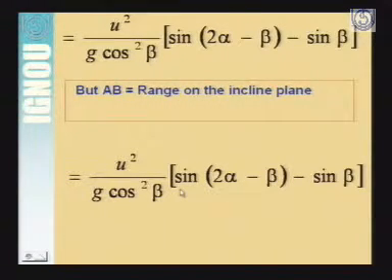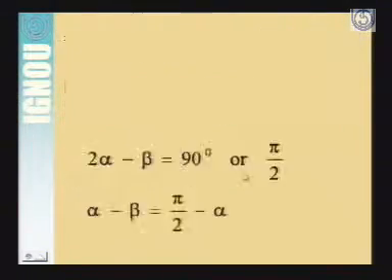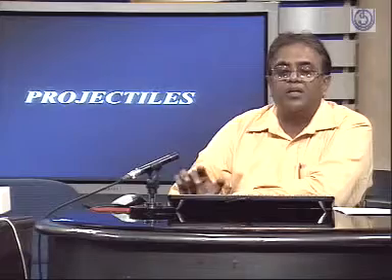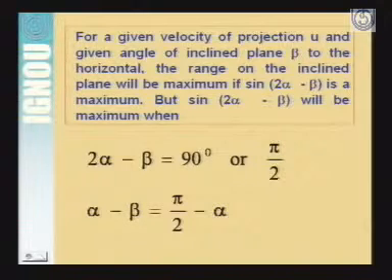Now here we can also find the maximum range. The range will be maximum when sin(2 alpha minus beta) is maximum. As you know, the maximum value of sine is at 90 degrees. So when 2 alpha minus beta is 90 degrees, we get the expression for the maximum range. For a given velocity of projection u and a given angle of inclined plane beta to the horizontal, the range on the inclined plane will be maximum if sin(2 alpha minus beta) is maximum.